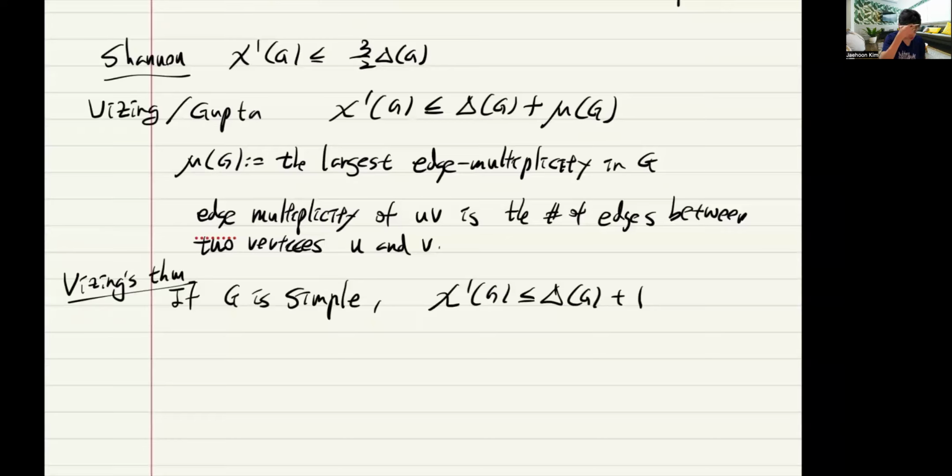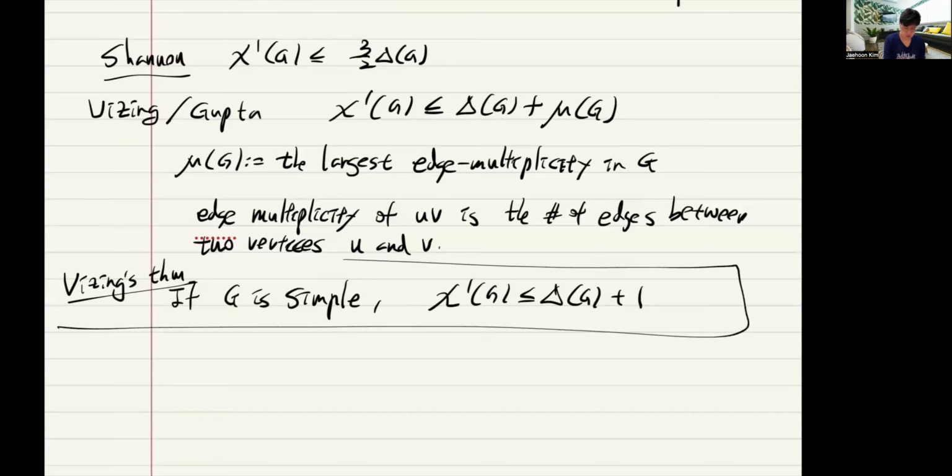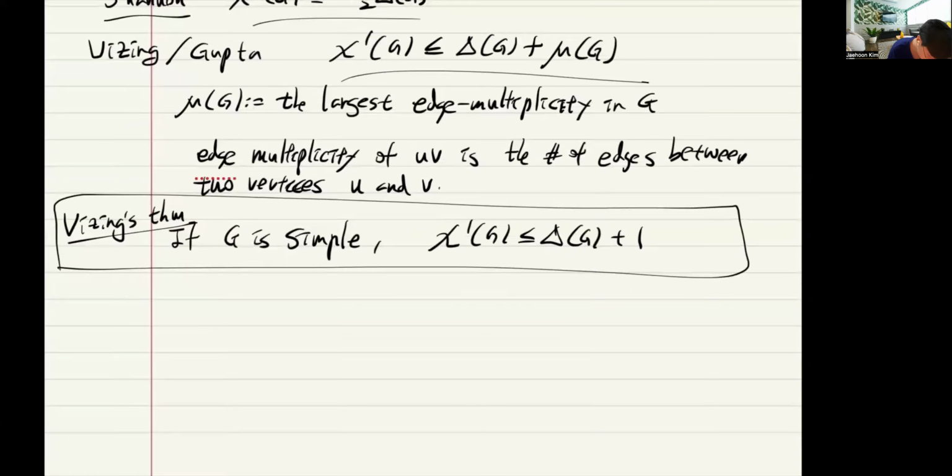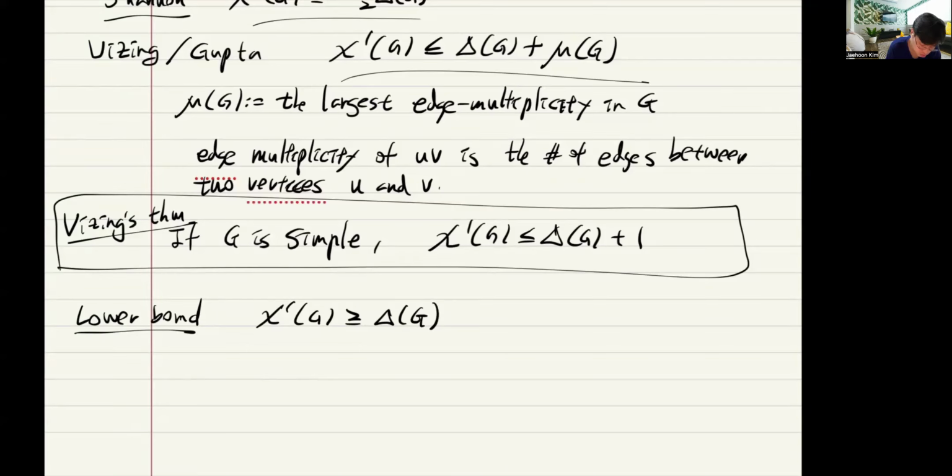Okay, this is the upper bound for simple graphs, and for multigraphs we have this more general upper bound. And what's the lower bound? We have a simple lower bound that this is true. Why?